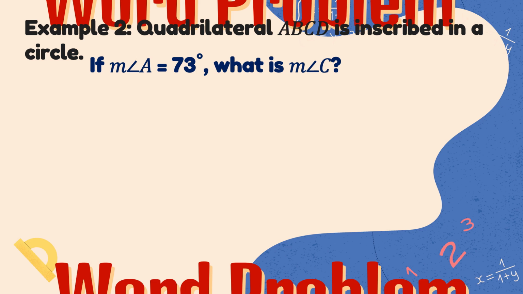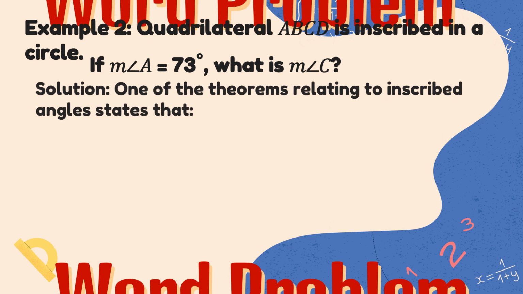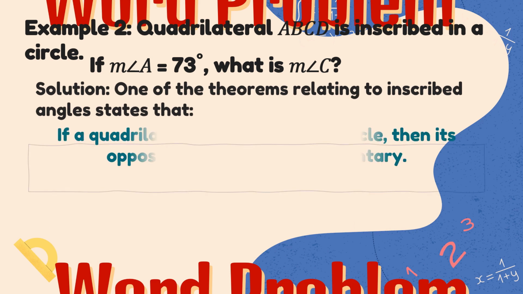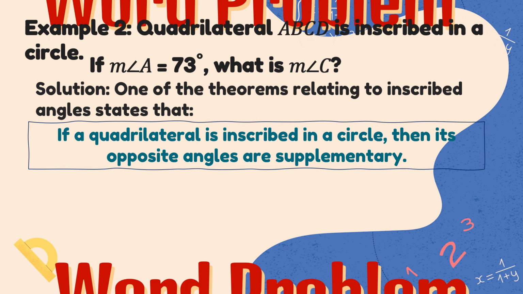Example number 2. Quadrilateral ABCD is inscribed in a circle. If the measure of angle A is 73 degrees, what is the measure of angle C? One of the theorems relating to inscribed angle states that if a quadrilateral is inscribed in a circle, then its opposite angles are supplementary.